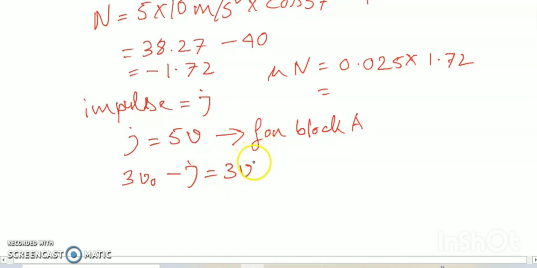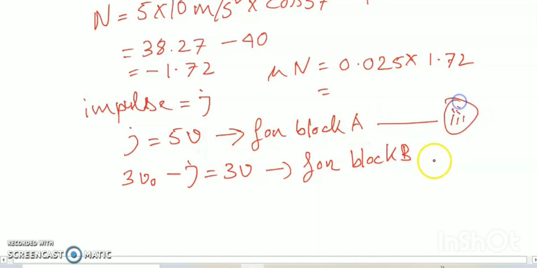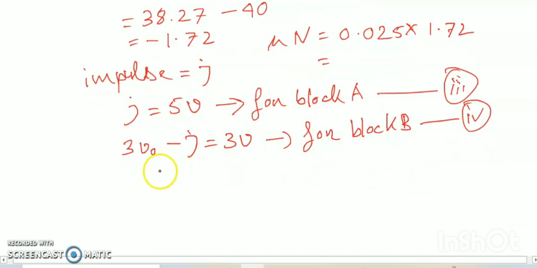This is for block B. Solving from equations 3 and 4, from 3 we have V equal to 0.5 meters per second.